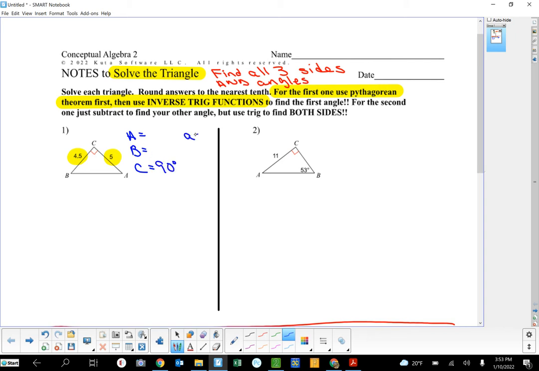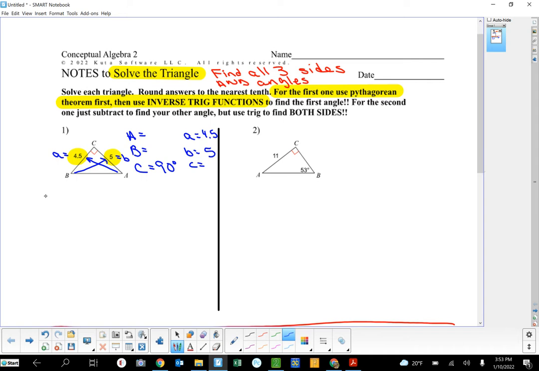And then I have my little a, my little b, and my little c. I know little a is across from angle A, right? And little b is across from big B. So I know those two. I need to find c. So a is 4.5 and b is 5.